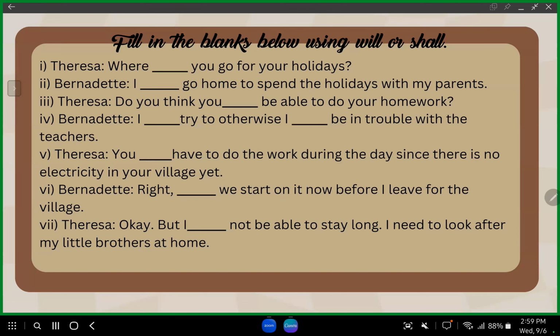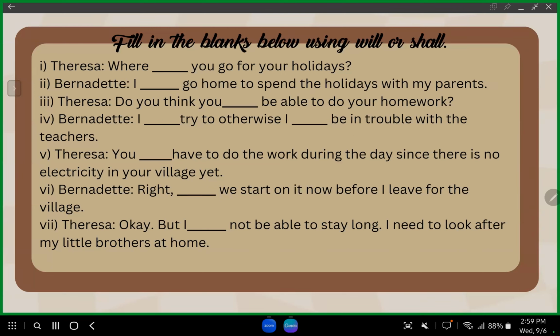Can I have only 2 volunteers? Or if I have 1 volunteer, then I read the other part. John, we have John and Tour. Yes, please read for us.